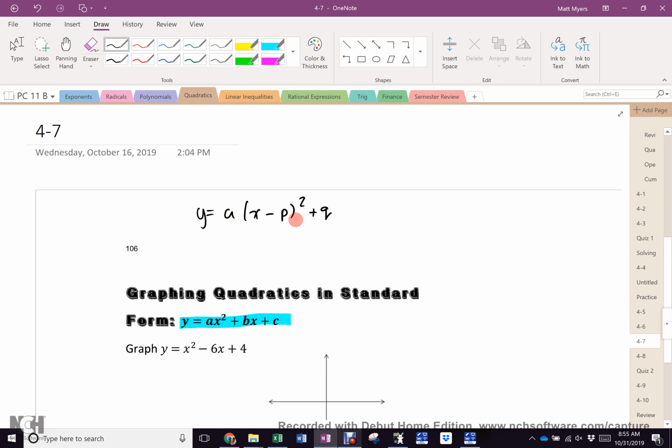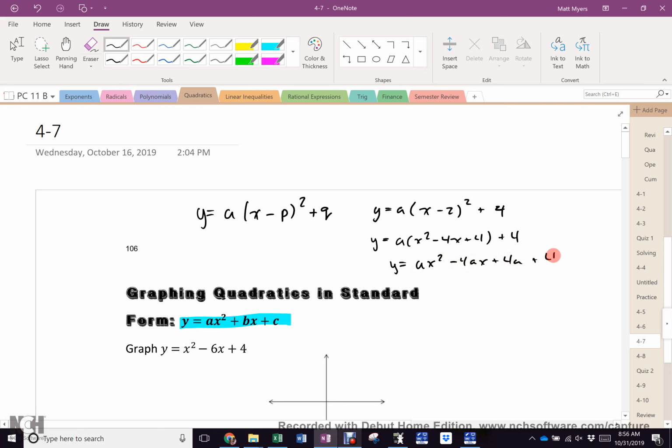All right, so y equals a(x minus 2) squared plus 4. Agreed? Okay. Y equals a(x squared minus 4x plus 4) plus 4, yeah? Okay. Y equals ax squared minus 4ax plus 4a plus 4.